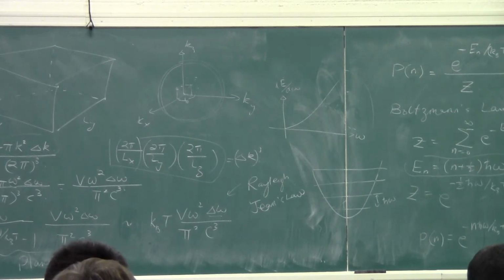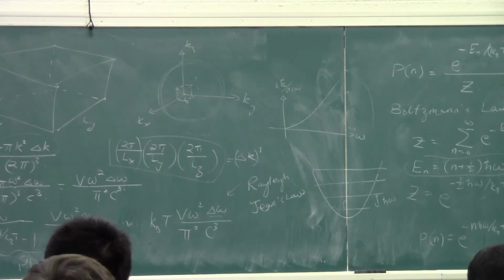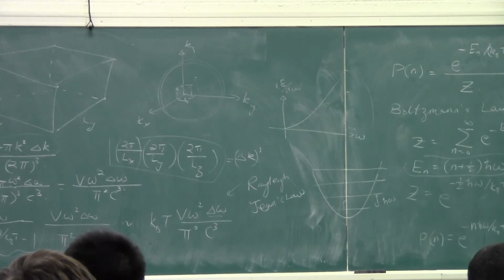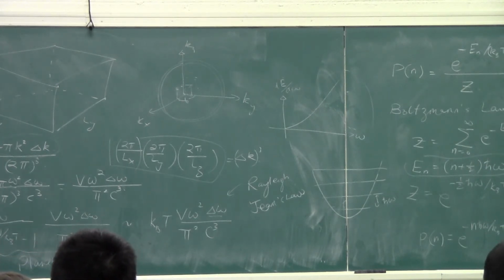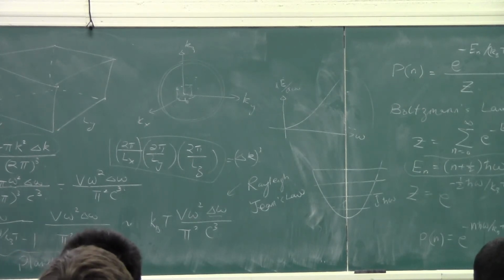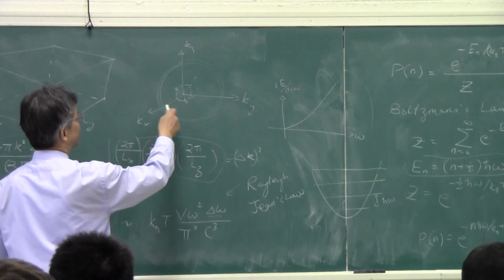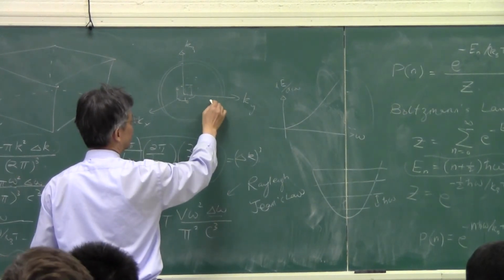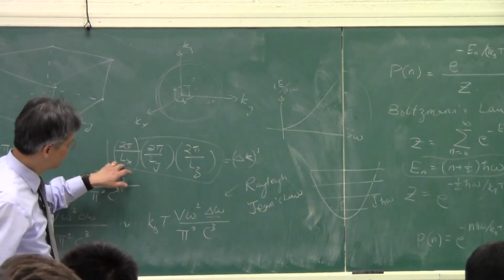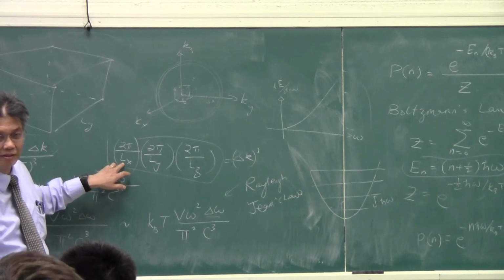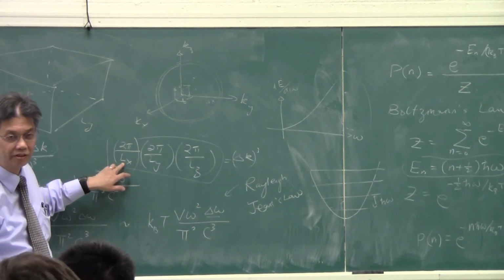Yes. We don't really get a picture of this. So you're trying to say as the volume is bigger and bigger, the number of modes in k space is getting smaller. Right. You notice that the quantization, the delta k that we have in the k space, is inversely proportional to the size of the volume.